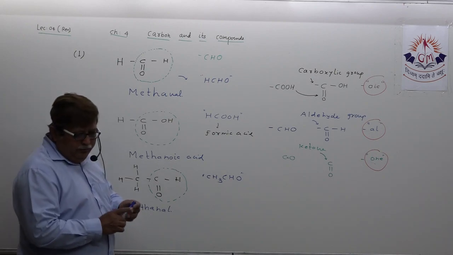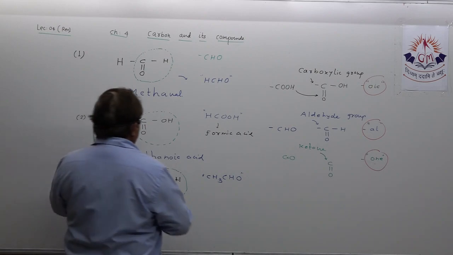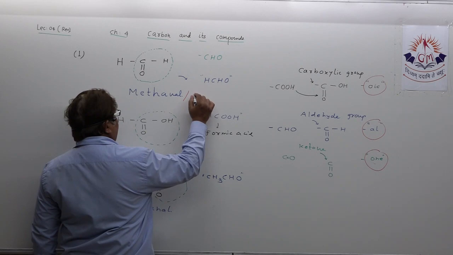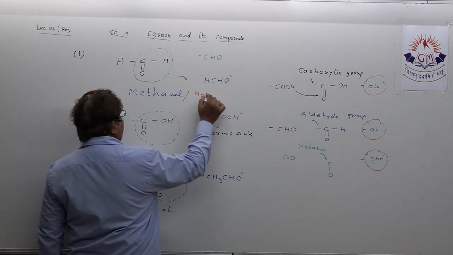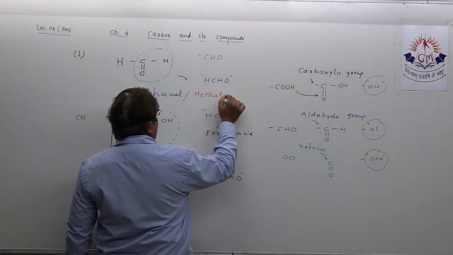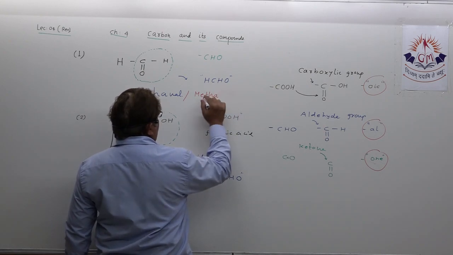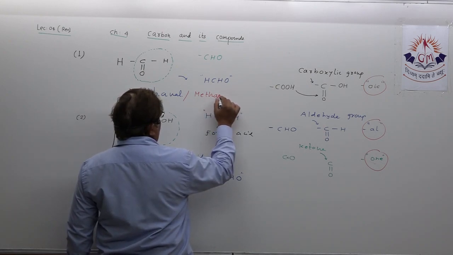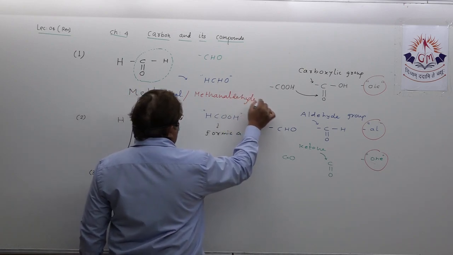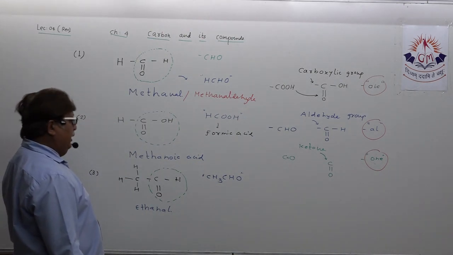Now one more thing, dear student, I want to mention: when you say methanal, you can also say it another way, methane aldehyde. That is also another way you can name it.